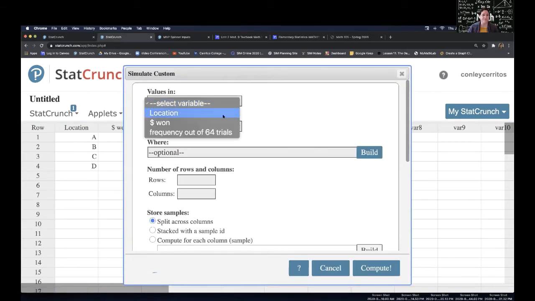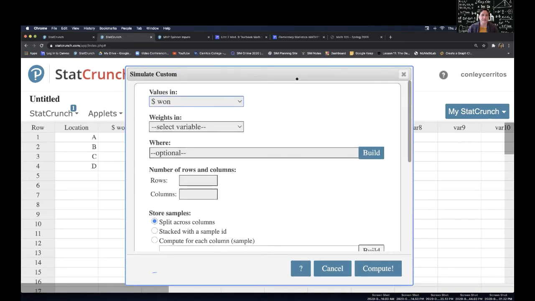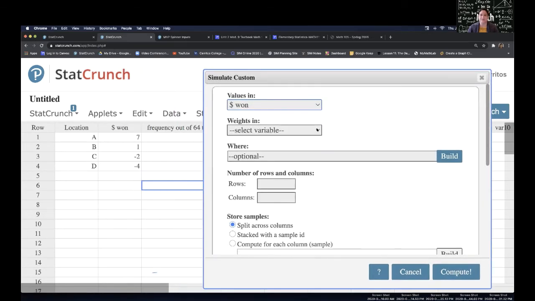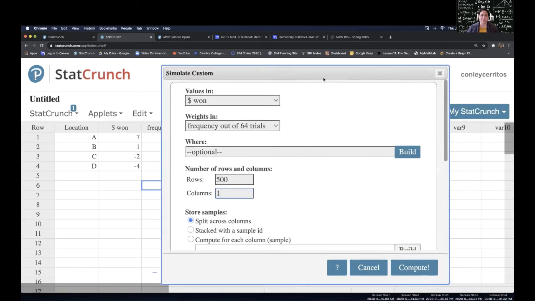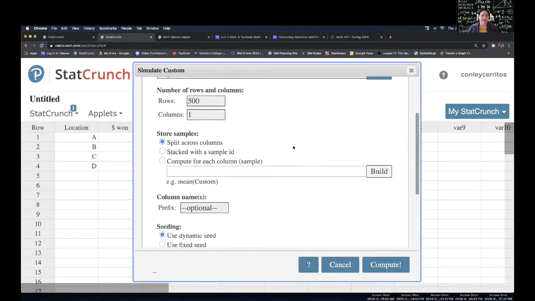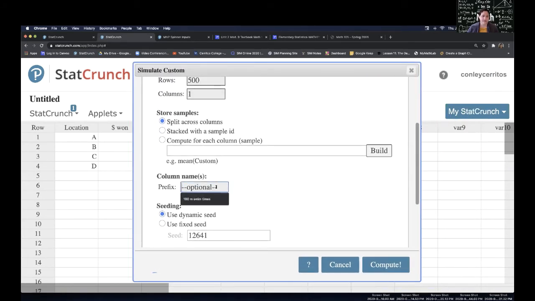Our values are going to be in the money column, and our weights are going to be my frequency of those 64 trials, okay? This is my population that I'm going to sample from. They said 500 times, right? We're playing. So my rows are still going to represent my sample size. And then I'm going to call this 500 throws of the dart.